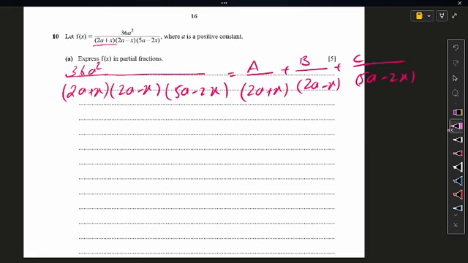Second step that you can do, multiply (2a plus x), (2a minus x), and (5a minus 2x) on both sides of the equation.